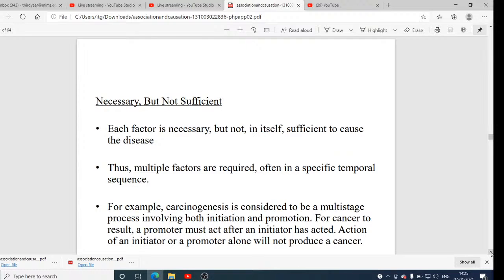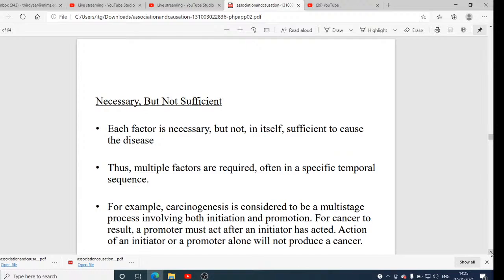Now, necessary but not sufficient means each factor is necessary but in itself not sufficient to cause the disease. Thus, multiple factors are required, often in a specific temporal sequence, to cause the disease.